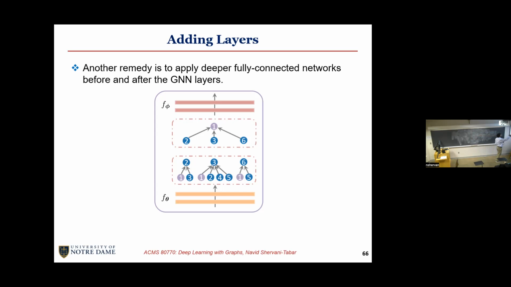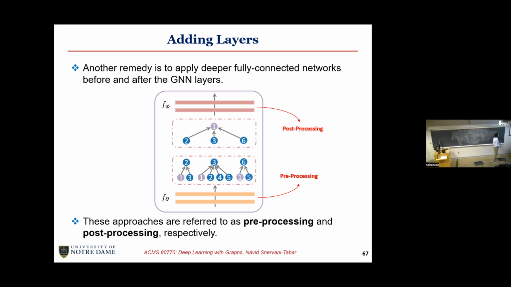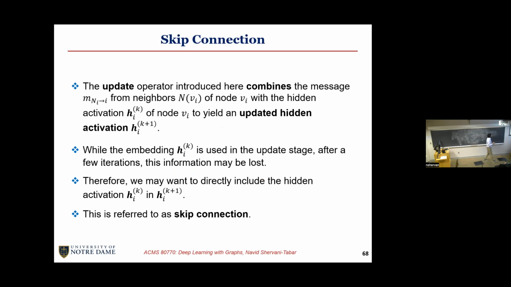And then you have some output. Again, you can similarly do some post-processing on these. And that's essentially the second idea that we can use in order to overcome the oversmoothing. So again, these are called pre-processing, and these layers are called post-processing.